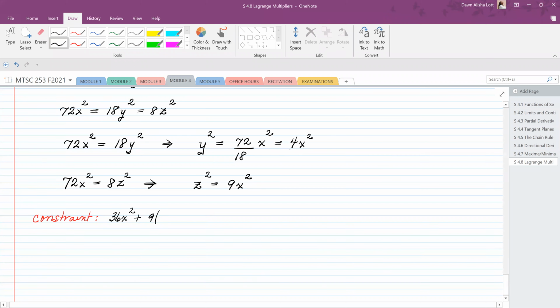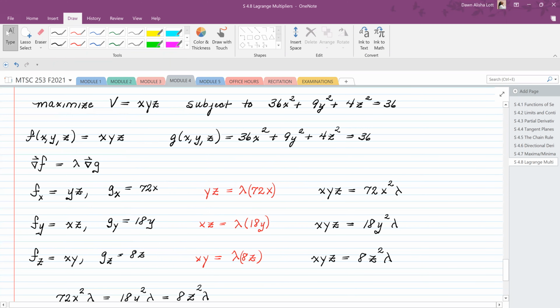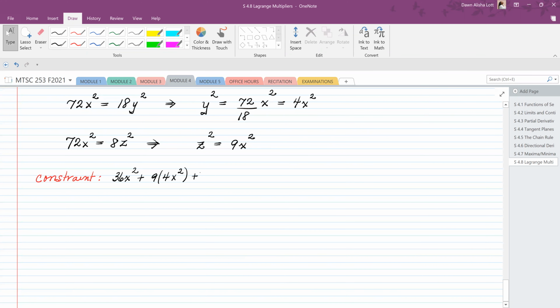Y squared is 4x squared, plus 4z squared. Z squared is 9x squared, is equal to 36.